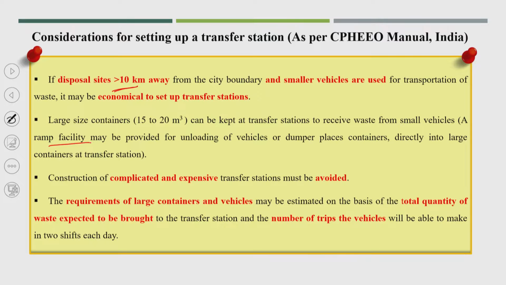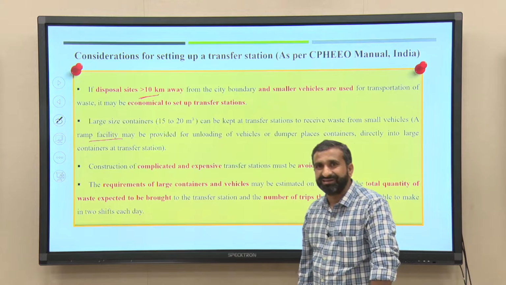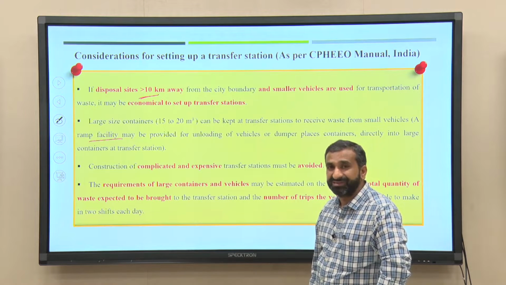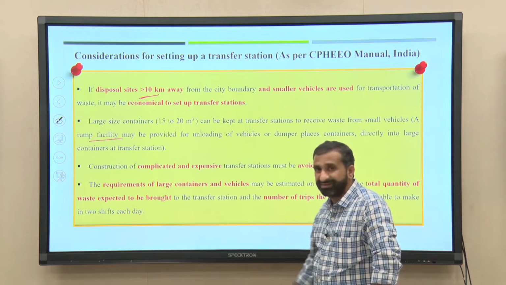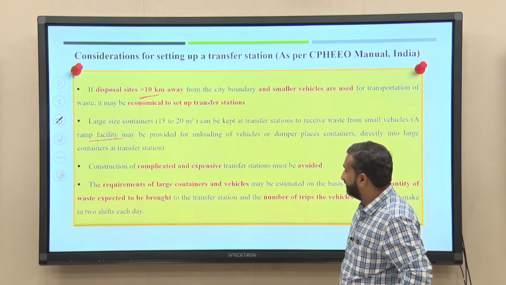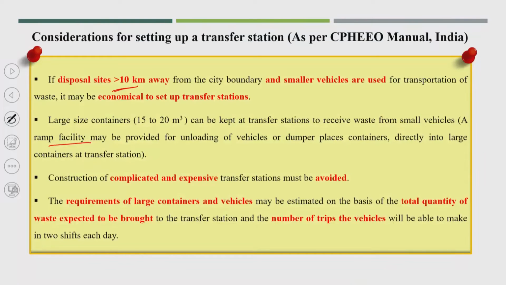The next point is that construction of complicated and expensive transfer facilities must be avoided. I was proposing that a recycling facility could be possible at the transfer station, but the manual says that will be complicated and expensive. Still, wherever possible we can plan such a facility.